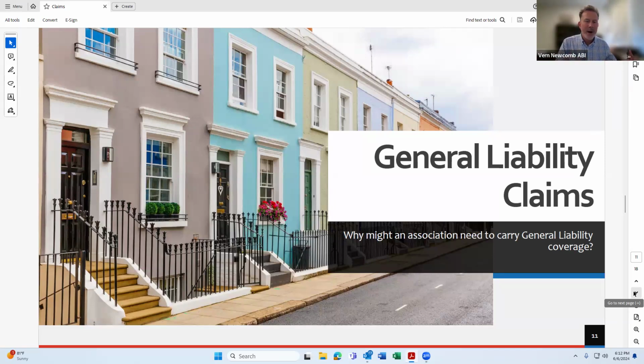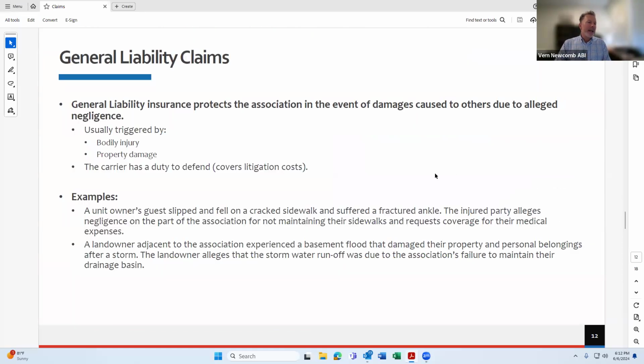Your auto policy's property coverage is going to cover damage to your automobile. Liability is going to cover damage to somebody else's property, or if you injure someone. The same applies with an association. So a liability policy basically protects the association in the event that they are sued or they are negligent for bodily injury or property damage.